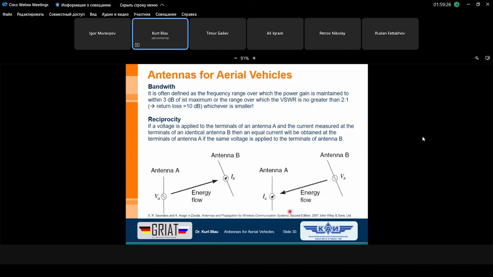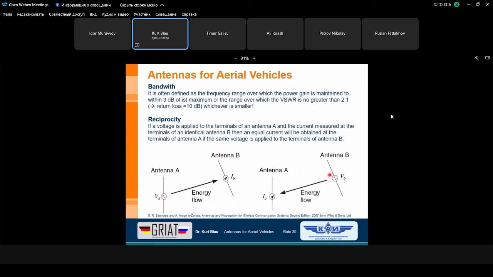If we now exchange the situation, it means we use for antenna B the same voltage source that we used for antenna A. It's now the voltage source of the antenna B. And now we measure the current here in antenna A. And the measurement in antenna A must be the same as for antenna B in the first situation.